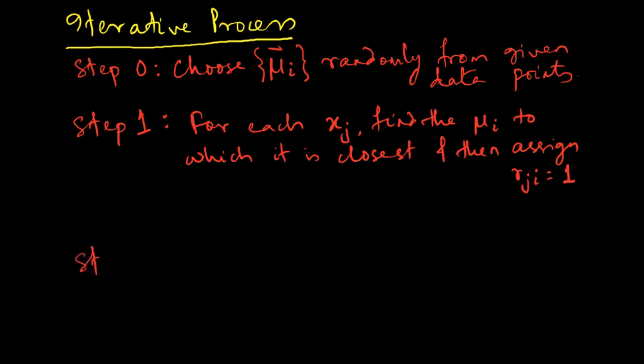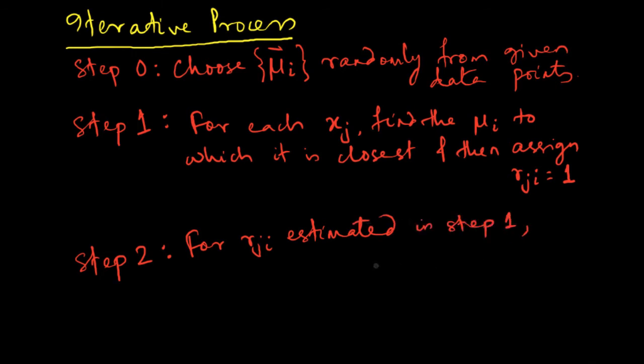So step 2 is basically that for the rji estimated in step 1, update the mu I values.